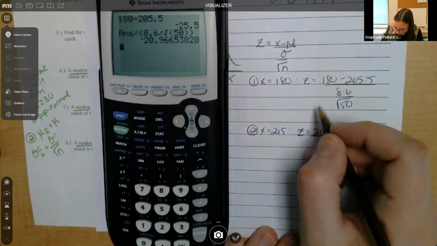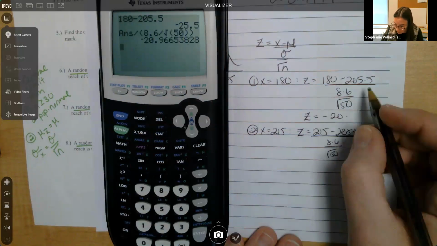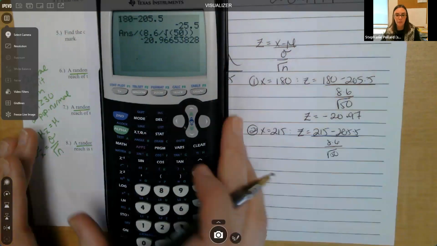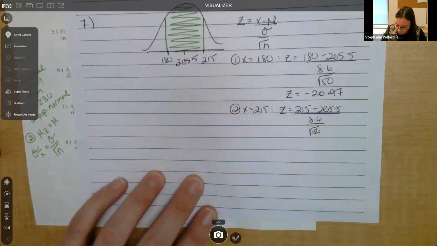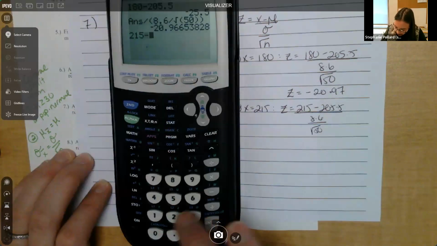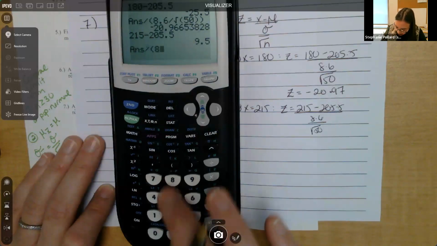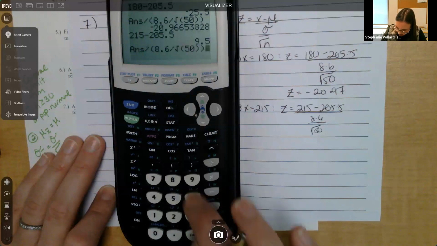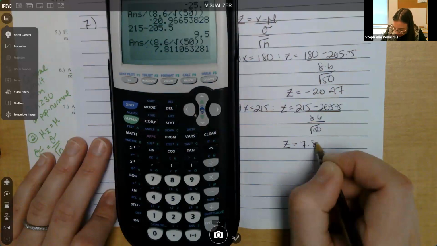All right, so I guess I get z is equal to negative 20.97. And then for this one here, I would do the 215 minus 205.5, divide that by 8.6 divided by the square root of 50. And we have a z-score of about 7.81.